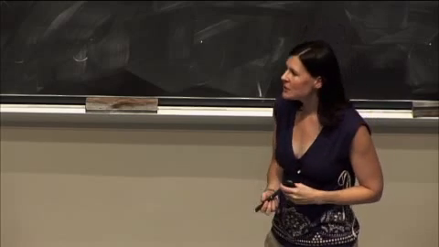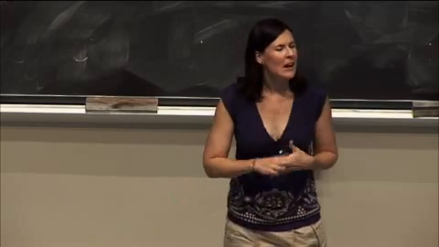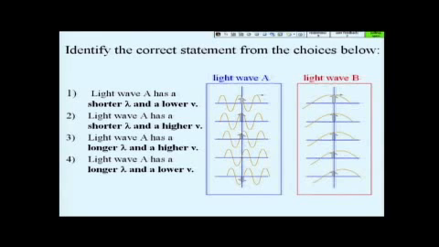So we should be able to look at different types of waves and be able to figure out something about both their frequency and their wavelength and know the relationship between the two. If you can identify which of these statements is correct based on what you know about the relationship between frequency and wavelength, and also just looking at the waves.